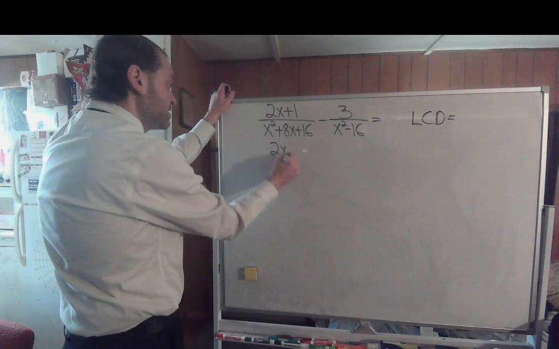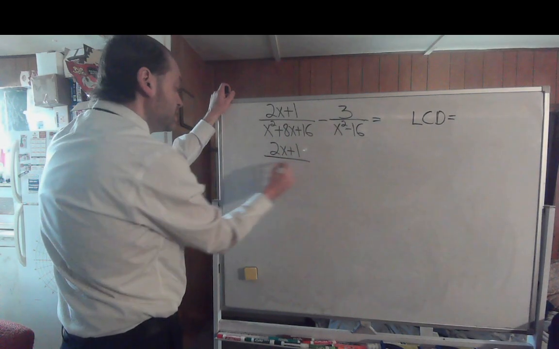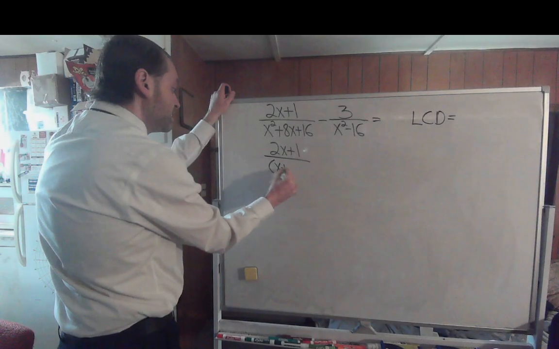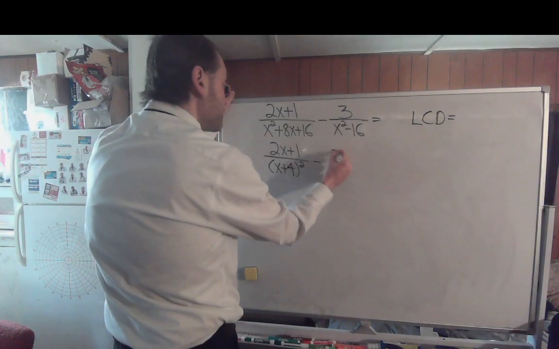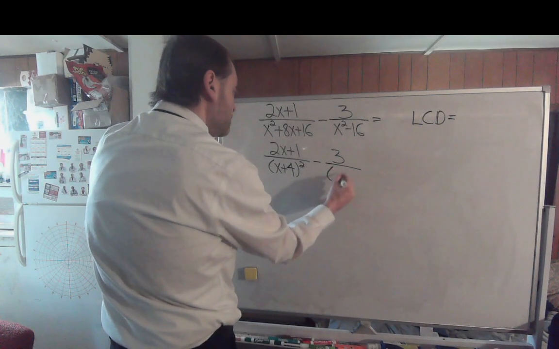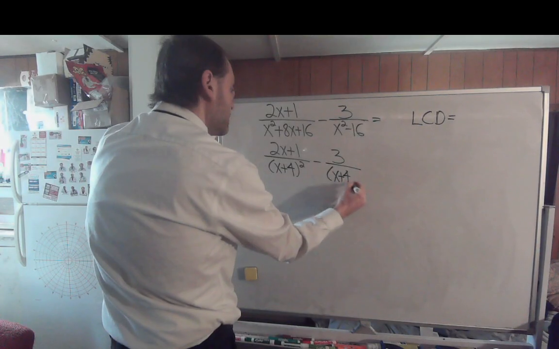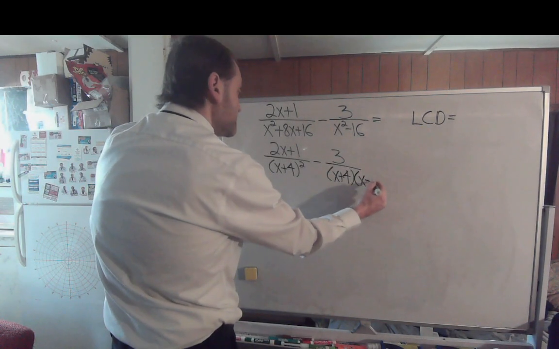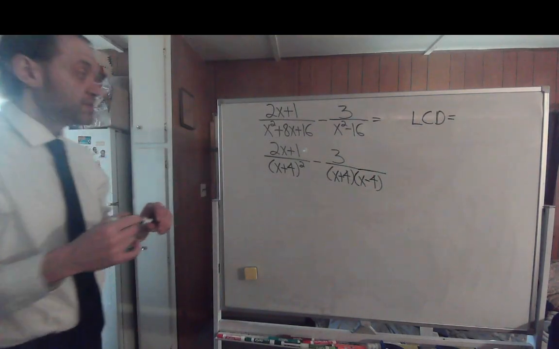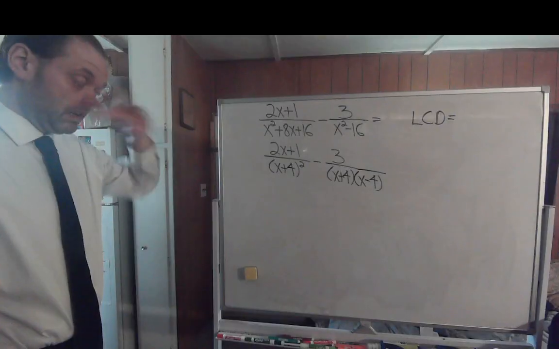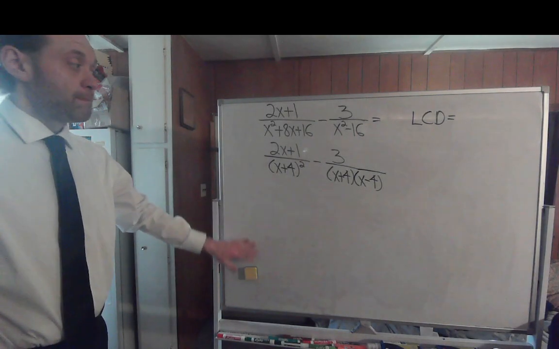So this would turn into (2x plus 1) all over (x plus 4) squared minus 3 all over (x plus 4) times (x minus 4). So this is going to be a bit of a doozy. So let's look at these here.